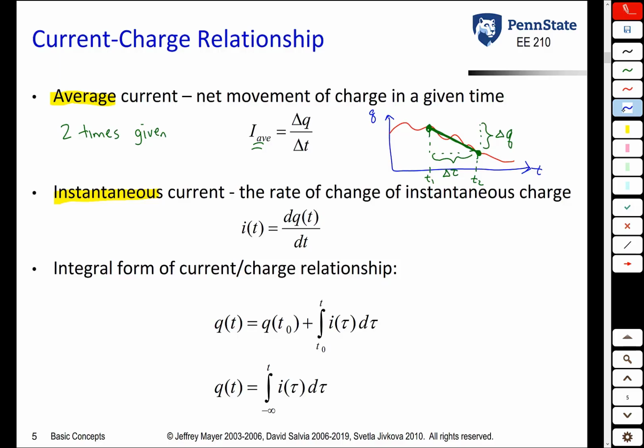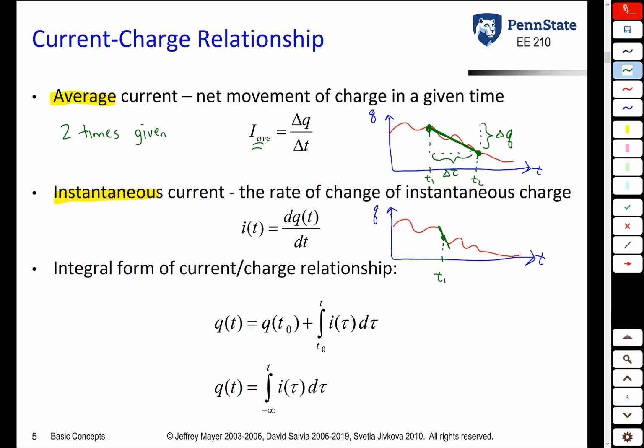Instantaneous current, on the other hand, let's draw the same figure, or approximately the same figure. I'm not sure I'll get this squiggly line the same. You get the idea. When you talk about instantaneous current, we're talking about the current at one instant in time. And the current at that instant in time is the derivative of the charge plot.